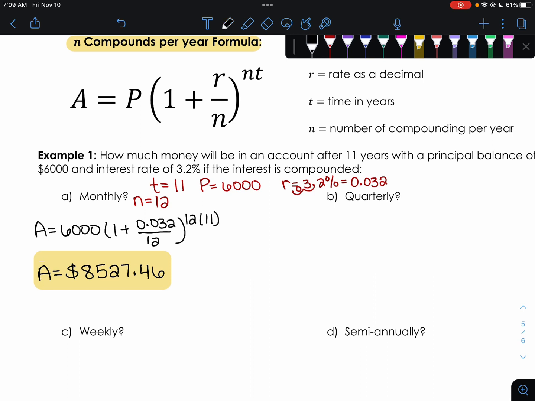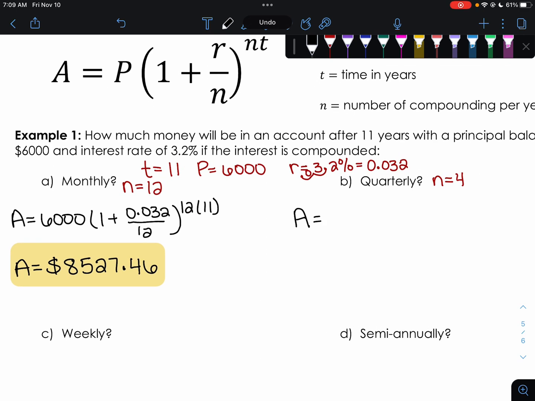If we go to B, everything's going to be the same except N, and this time N is going to be 4 because it's quarterly. So our formula is exactly the same, except we're changing N to be 4.